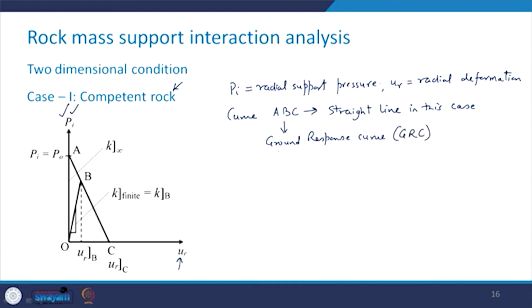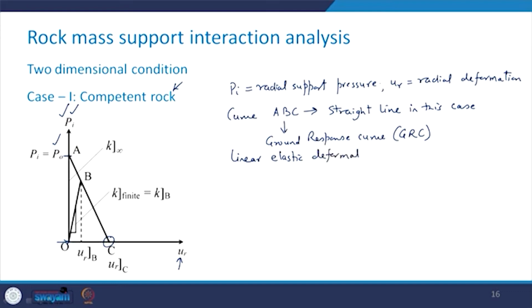You can see that in the beginning you have the pressure which is equal to P naught, and then as the deformation is increased, this is coming to this value of 0 pressure here. So, here you have the linear elastic deformation.